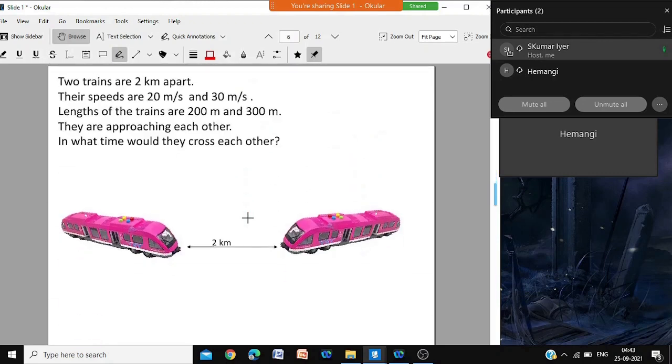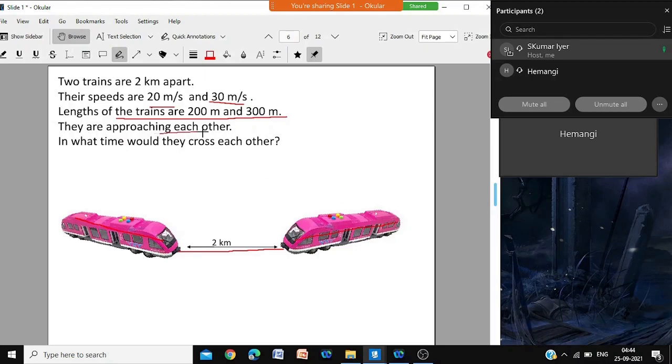Now, two trains are 2 kilometers apart. This is the distance between the two trains. The speeds are 20 meter per second and 30 meter per second for these two trains. This train is 200 meter long and this train is 300 meter long.